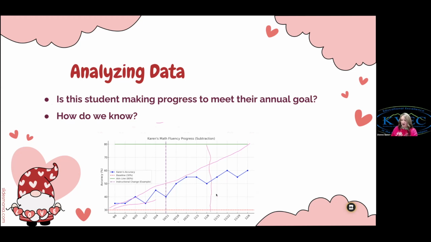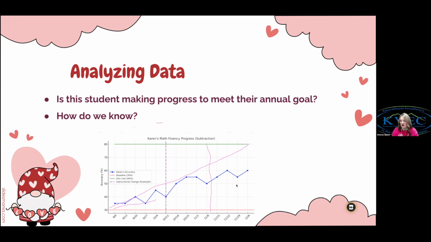We don't know what happened there exactly, but once that other instructional change happened, then we did see some improvement. And that's part of the conversations that we have during our ARC meetings: what did we see that impacted that, and we saw that instructional change helped the student move toward their goal. And those are pieces of the analysis.